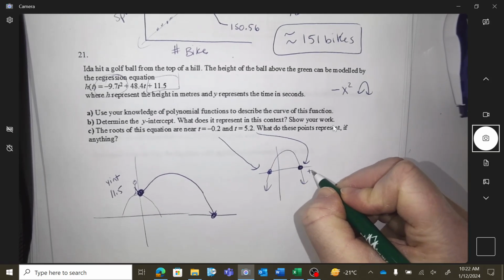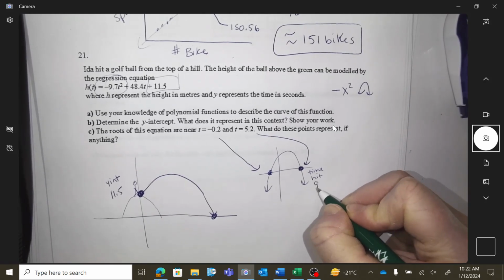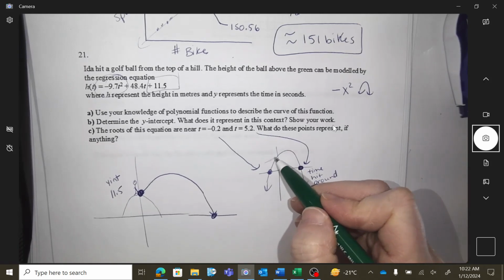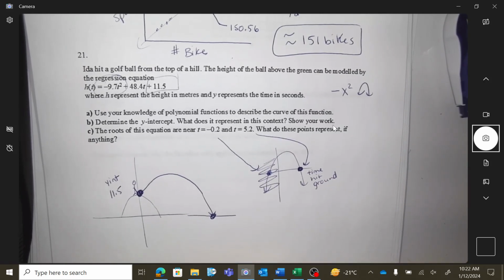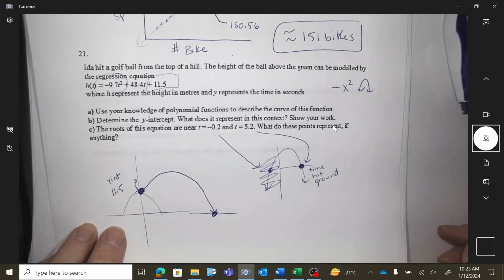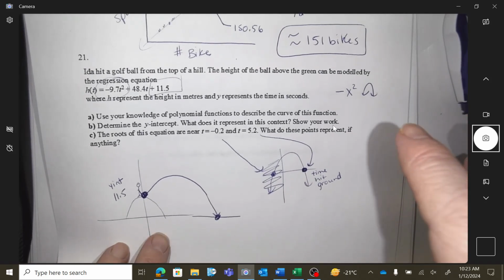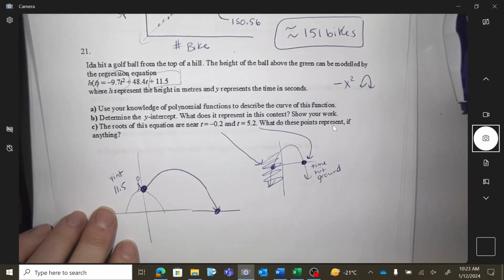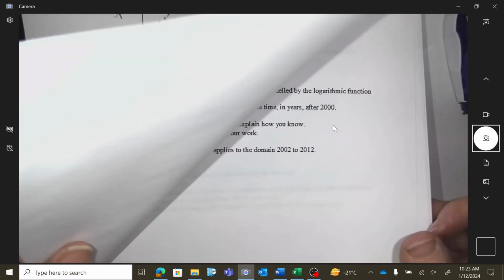This one would be time it would hit the ground. What about the other one? The other one doesn't matter in this situation. The other one doesn't exist in this scenario, right? Can't have negative 0.2 seconds of time. Okay, so obviously take what's on your calculator, but piece together what it is meaning in real life. Some of it might not exist.